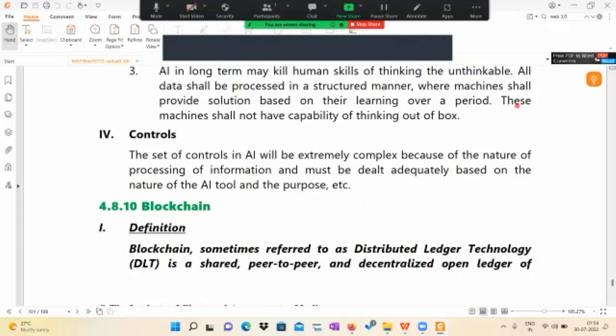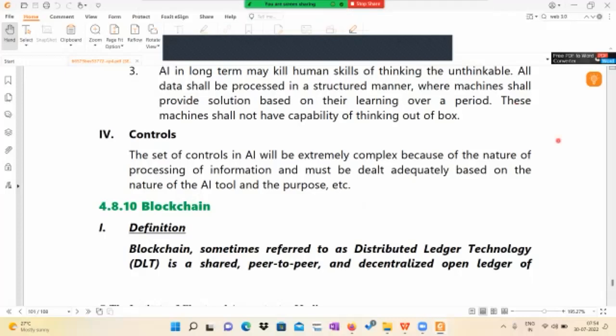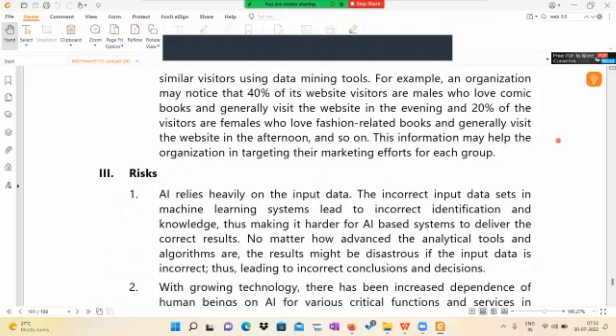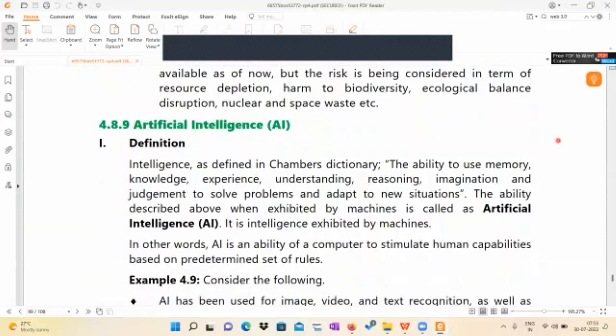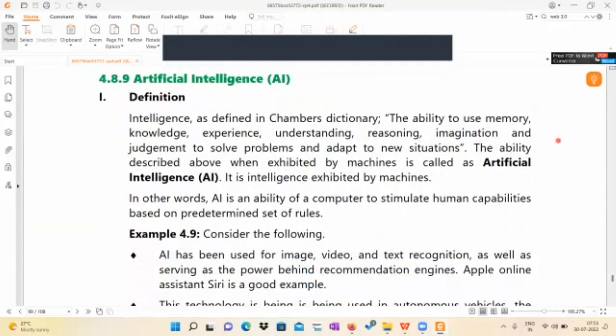And this is all about artificial intelligence and machine learning. So I will now summarize artificial intelligence and machine learning once again. Simply, artificial intelligence is nothing but the training of a computer program to think like human beings.